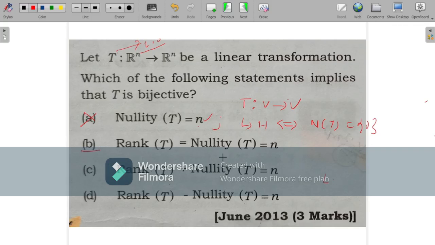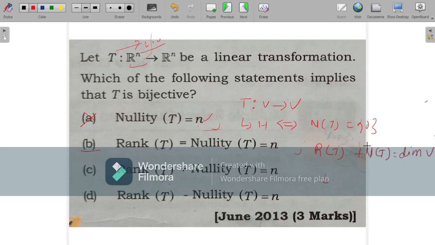Now for the second option, rank of T equal to nullity of T equal to n. Use the rank nullity theorem. Rank of a linear transformation T plus nullity of the linear transformation T is equal to the dimension of vector space V. Here V is R^n.